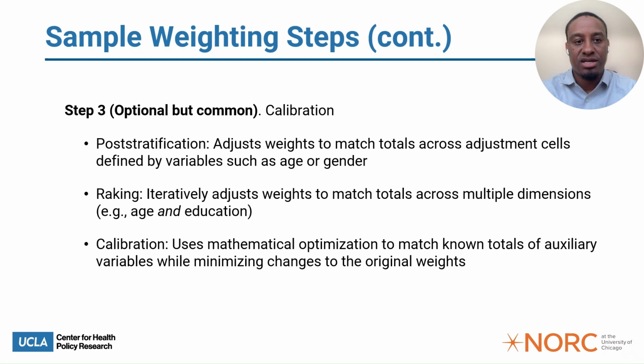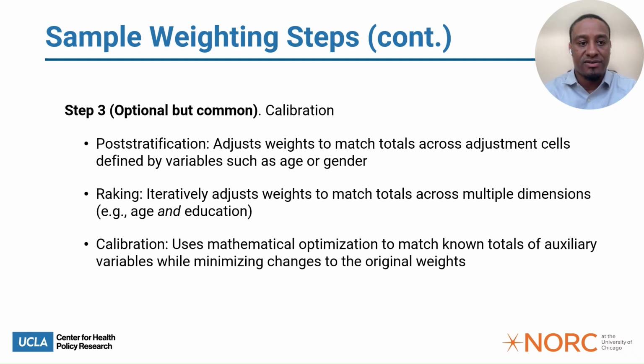In post-stratification, we adjust sample weight so that weighted totals from the sample across adjustment cells match the totals from external sources. So, for example, we want the weighted totals defined by age and gender cells to match totals from the census, for example. It is important to use trusted sources to perform calibration.